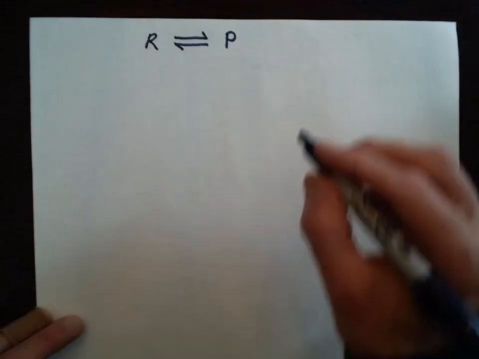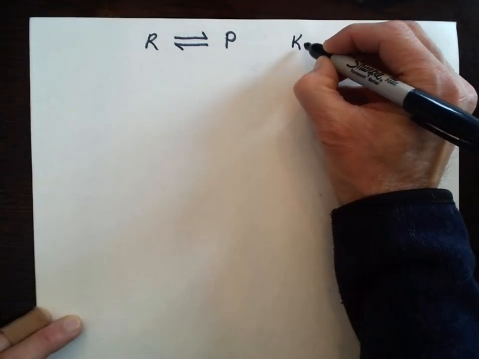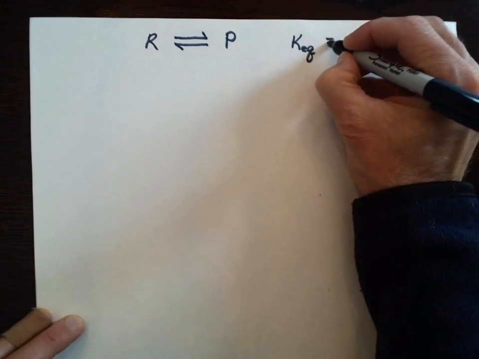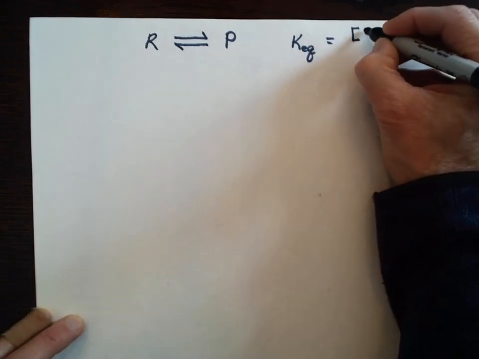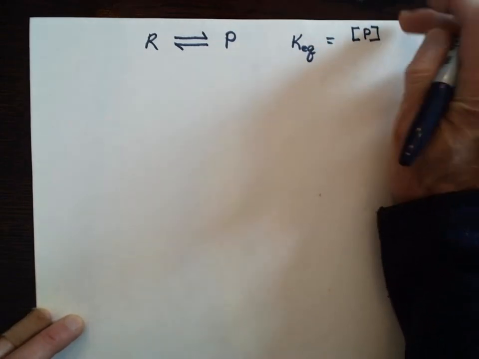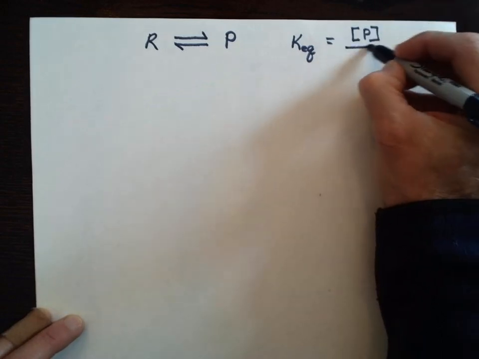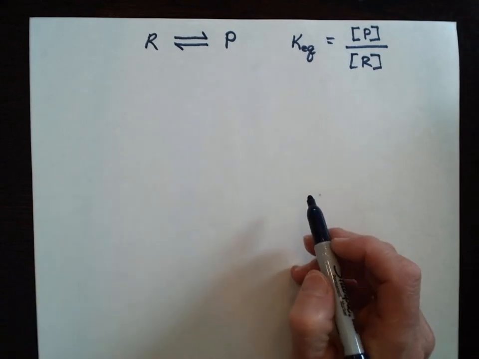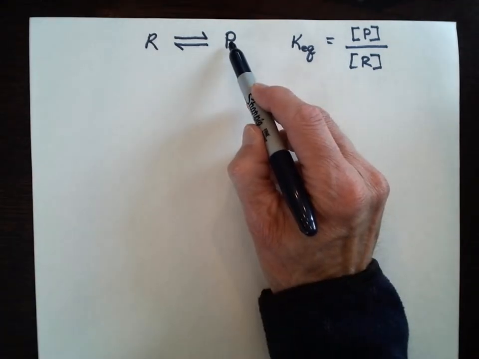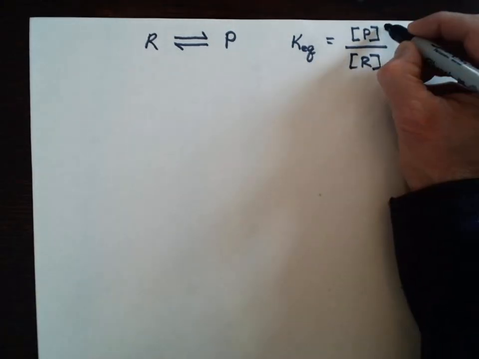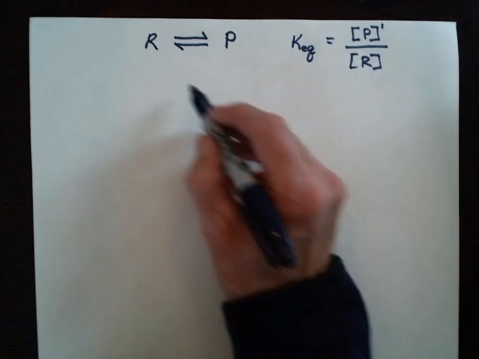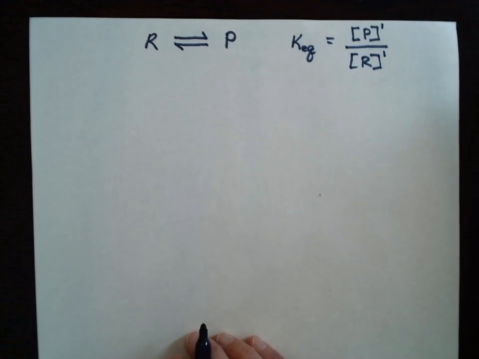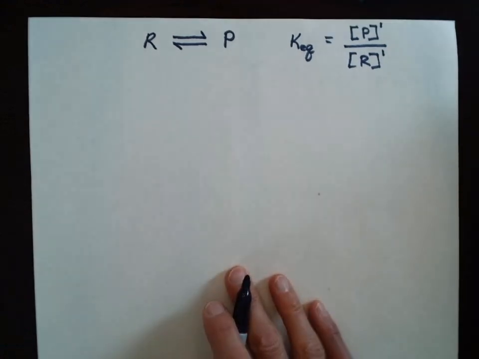If we do that, we know that at equilibrium, so this is a capital K, there's going to be a particular ratio of product raised to its stoichiometric power and reactants raised to their stoichiometric powers. So it works like this. You take the products and raise them to their stoichiometric power, which in this case is 1, and you take the reactant and put those on the denominator and raise those to their stoichiometric power, which of course is 1.